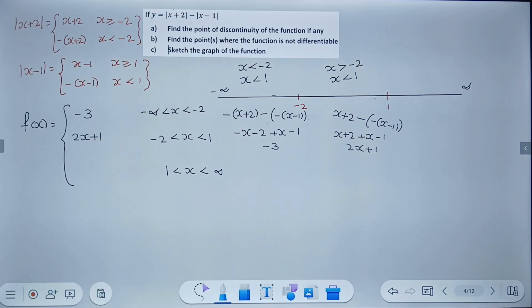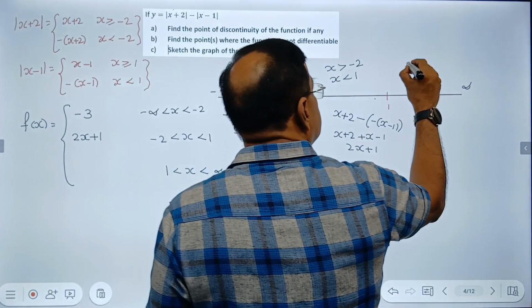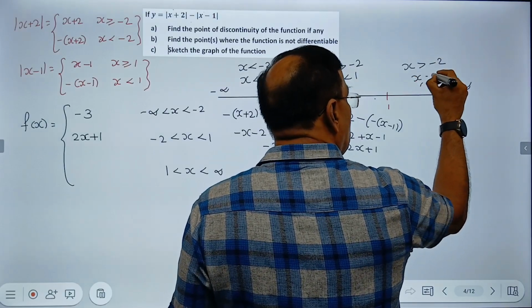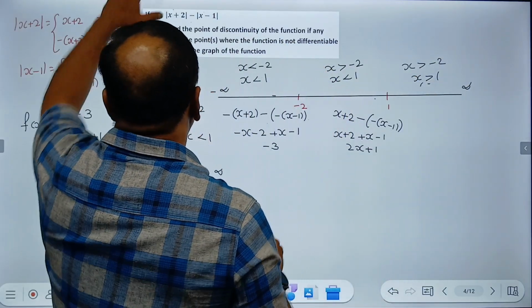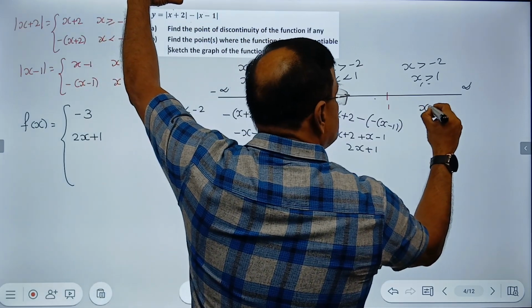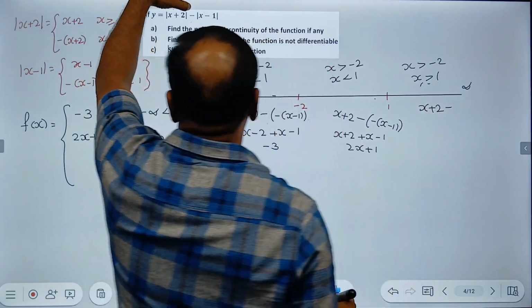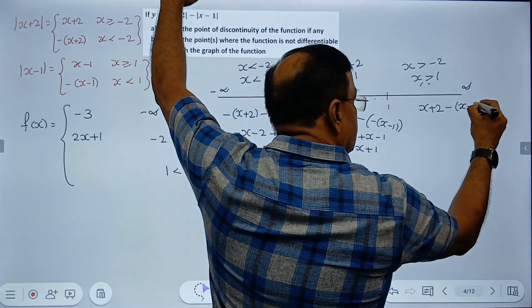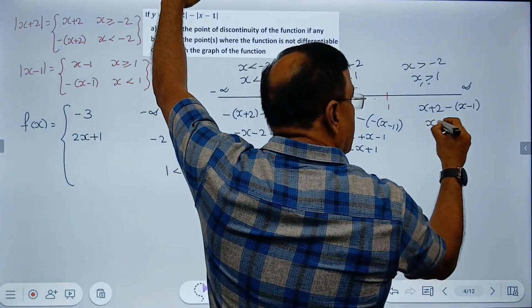Okay. Now here if you see, it's greater than minus 2 in this region, and it is greater than 1. So the modulus will be x plus 2. This minus sign is from the question, and modulus of x minus 1 is again positive, so it is x minus 1. Now open the bracket, what do you get?